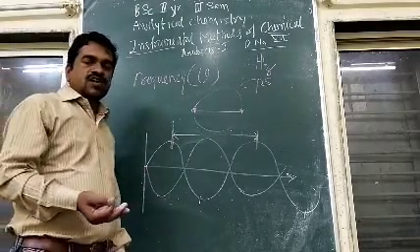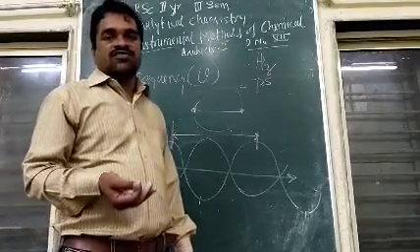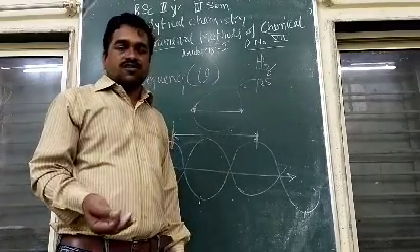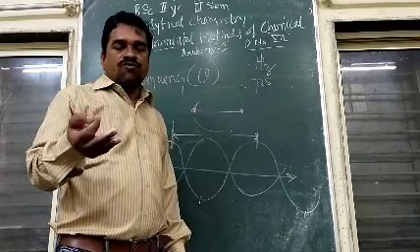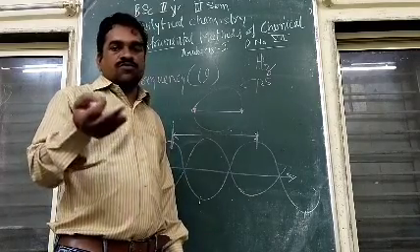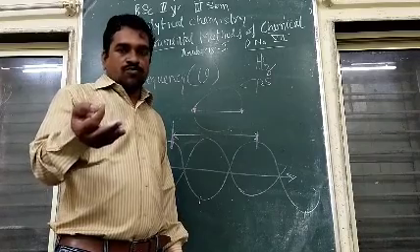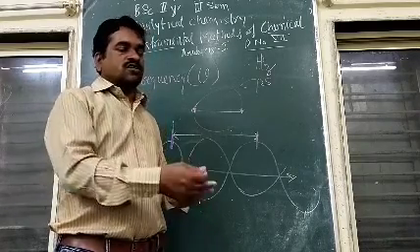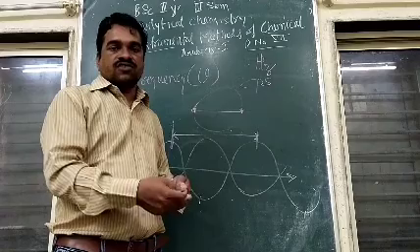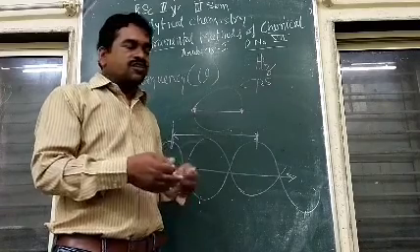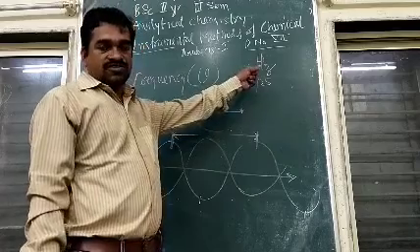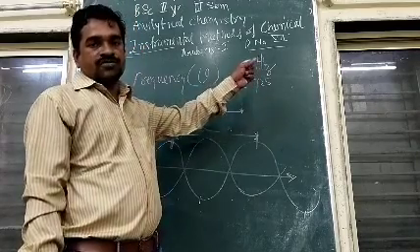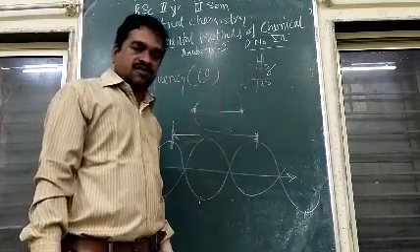Higher units are kilohertz, megahertz, gigahertz, etc. For your mobile phones, the speed of the microprocessor is given in megahertz, gigahertz, etc. So that is cycles per second, the unit of frequency, or hertz. Higher units are kilohertz, megahertz, gigahertz, etc.